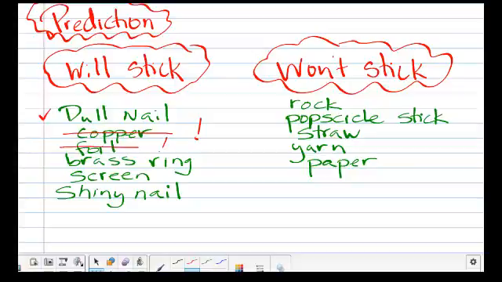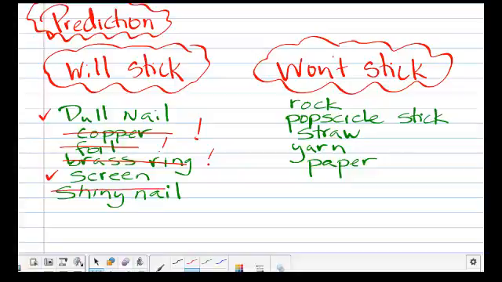How about the brass ring? No. Yes, the brass ring did work. Oh, I'm sorry. My bad. The brass ring did not work. Let me back up here. I was thinking it was the fastener. The brass ring did not work. How about the screen? Yes, the screen worked. And how about the shiny nail?